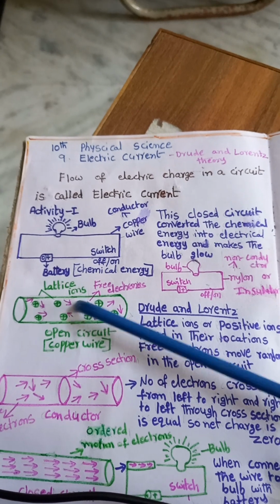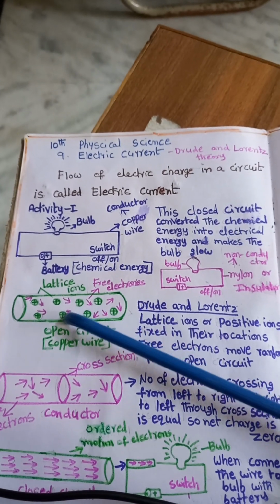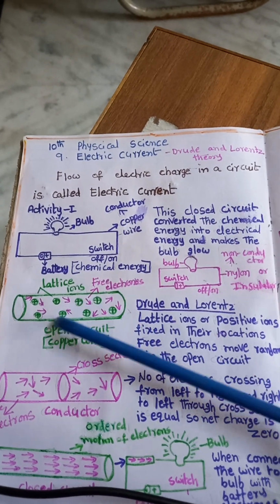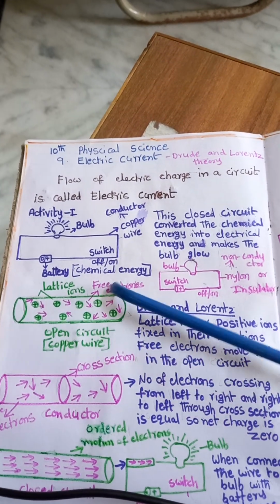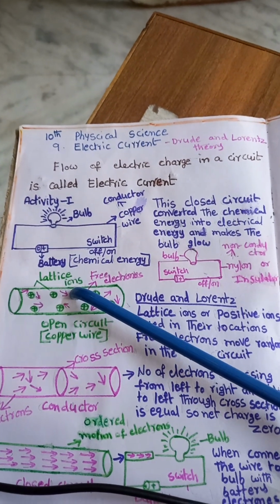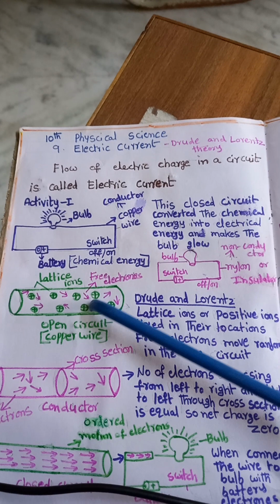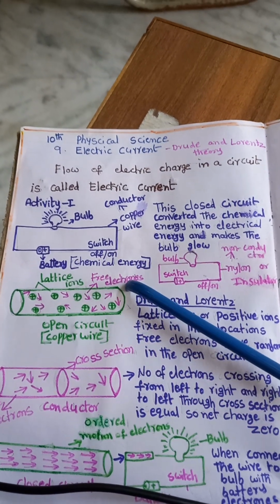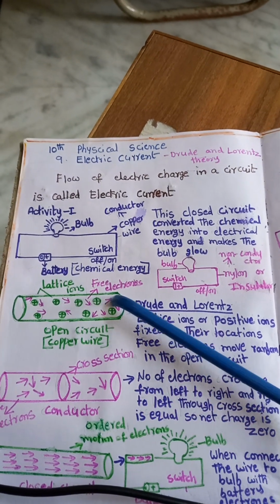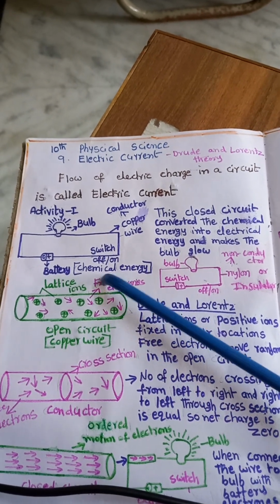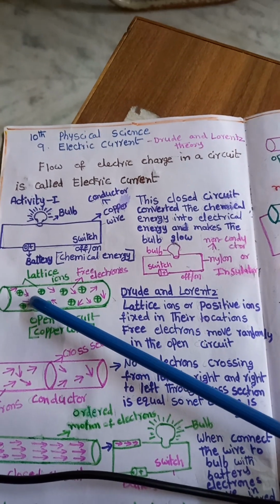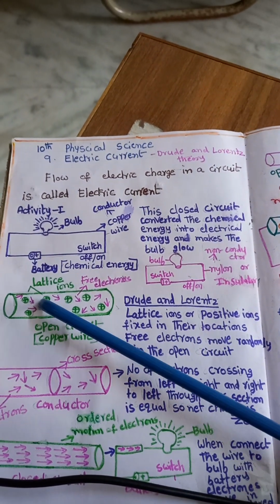Inside the open circuit, positive ions and negative ions are present inside the copper wire. These positive ions are called lattice ions and electrons are called free electrons. Why? Because the electrons move from one place to another place, so they are called free electrons, and positive ions are fixed in their locations.